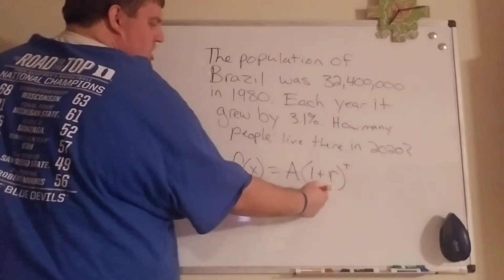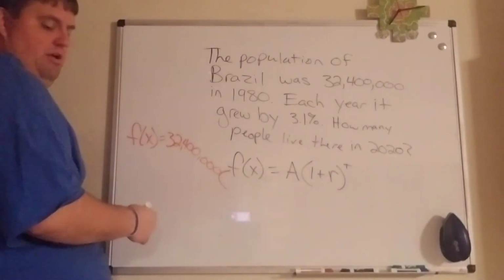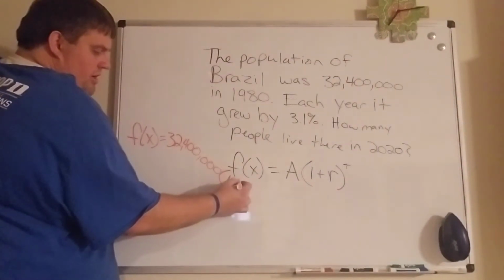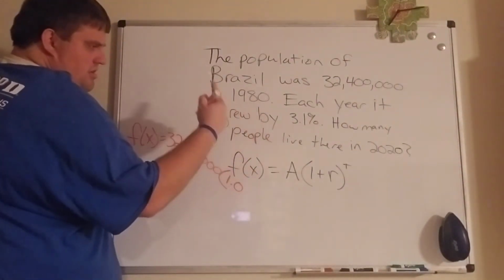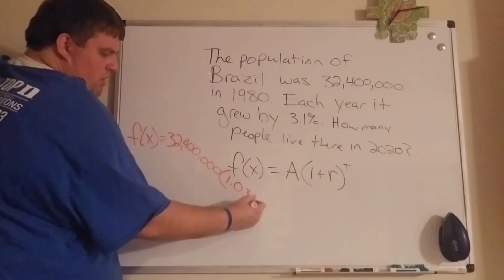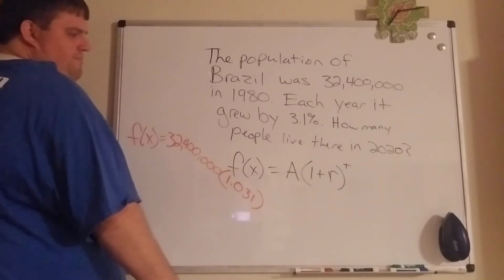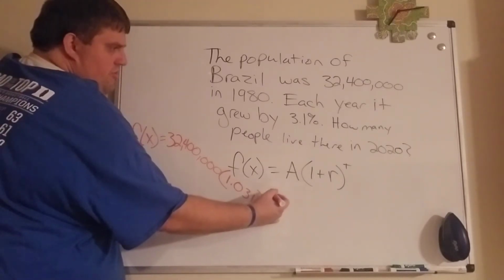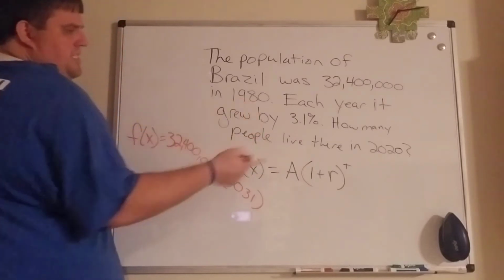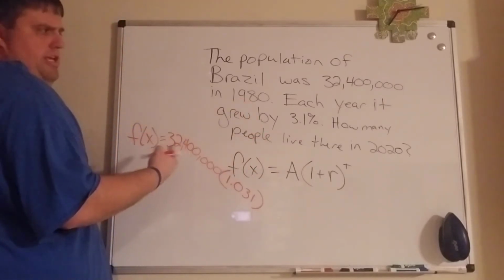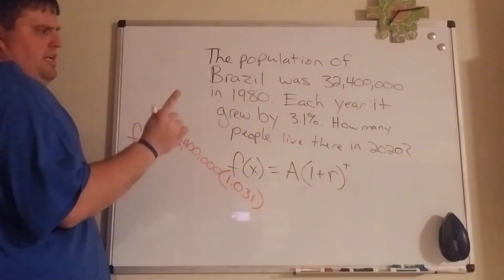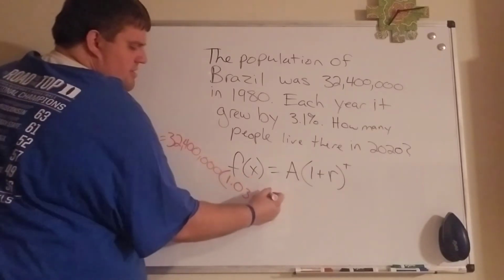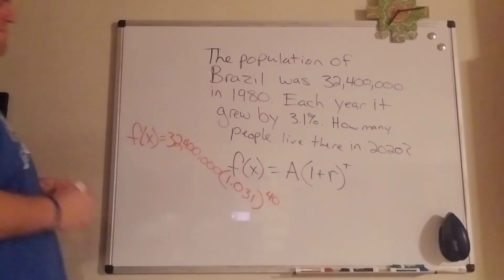And then usually what I do is I just kind of add this right away. So 1.031 to the, and then from 1980 to 2020, that's 40 years, to the 40th power.